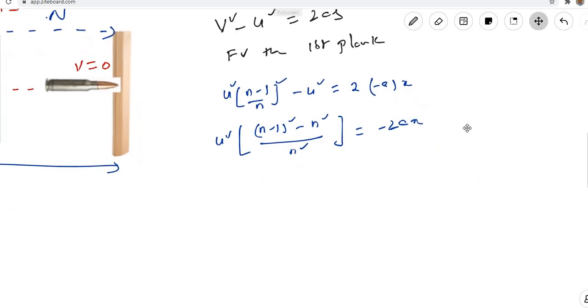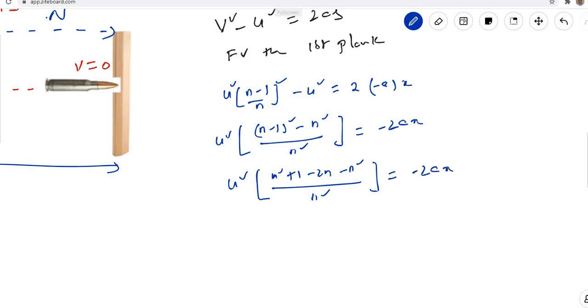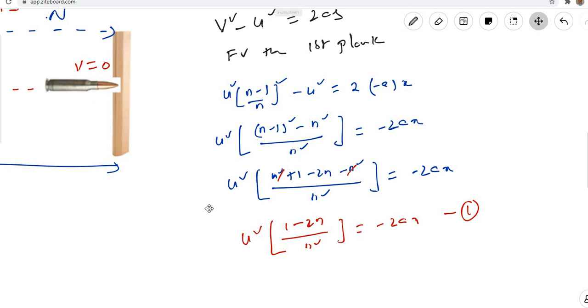Let us simplify this further. This becomes u square into (n square plus 1 minus 2n minus n square) whole upon n square is equal to minus 2ax. Clearly here n square and minus n square cancel, so you are left with u square into (1 minus 2n) by n square is equal to minus 2ax. Let us call this equation 1. This is the equation I got when I applied it for the first plank.